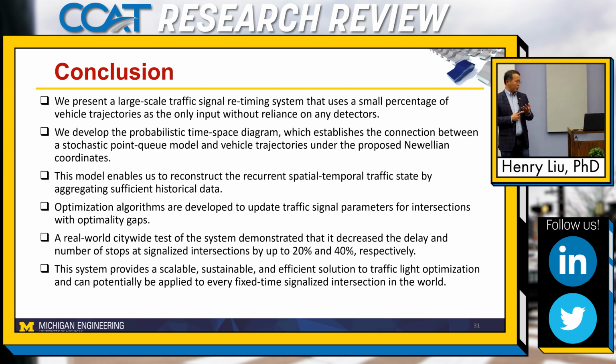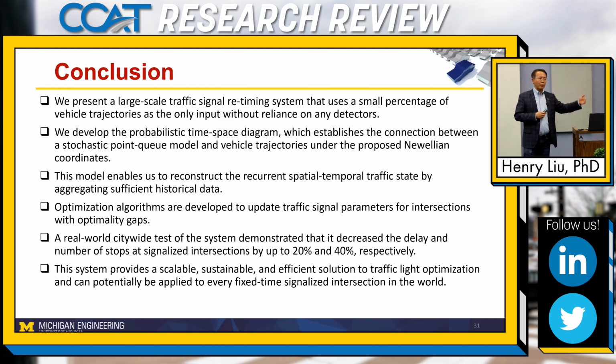And then we developed a model to connect vehicle trajectory together with the queuing model at the intersection. And then we were able to optimize traffic signal parameters. And we're hoping to further develop the algorithm so that we can control the traffic signals in real time, not offline.